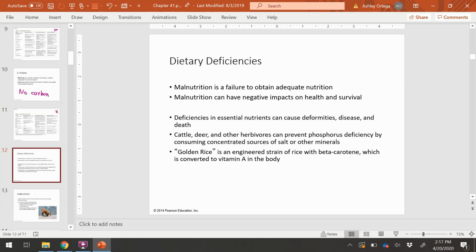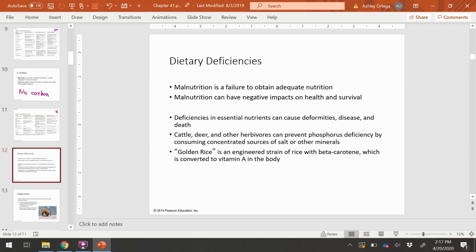There are many different examples of how animals will try to prevent deficiencies. Here you can see cattle, deer, and other herbivores will consume concentrated sources of salt to prevent phosphorus deficiency.